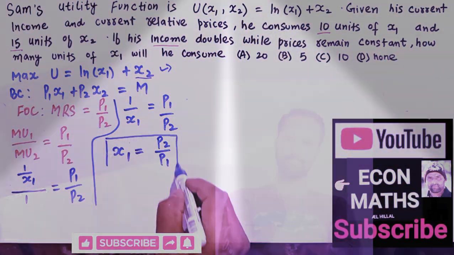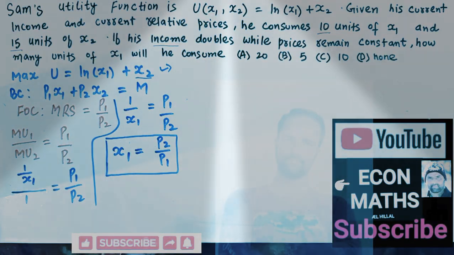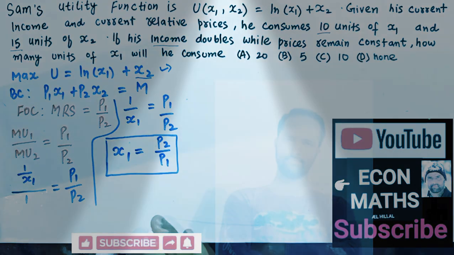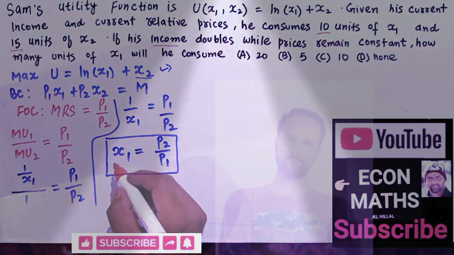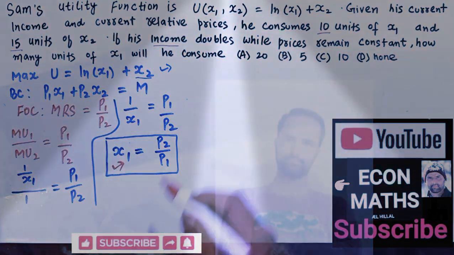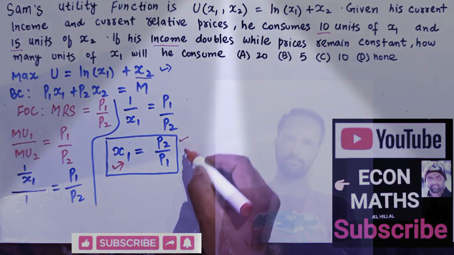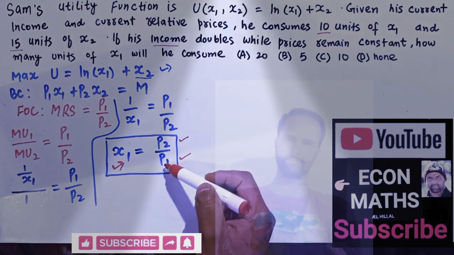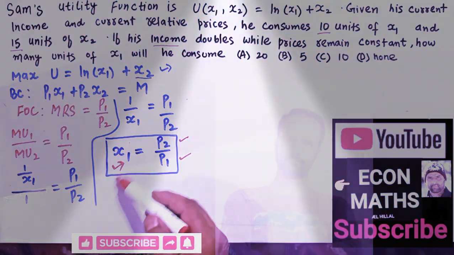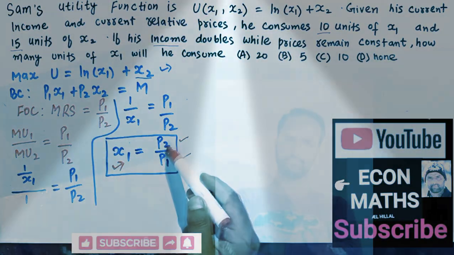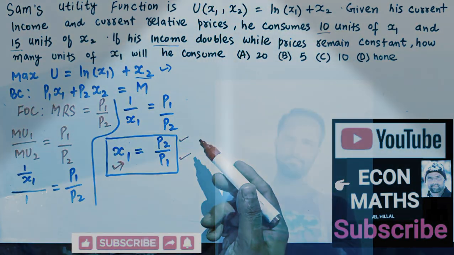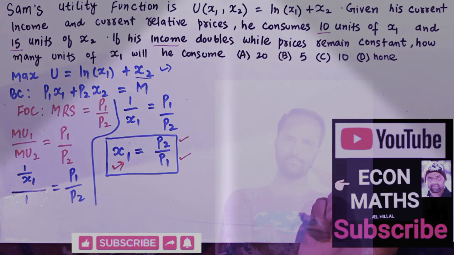This is the demand function for good x1. And the interesting thing here is that the demand for good x1 depends upon the ratio of the prices of good x1 and x2. So demand is a function of the prices of the goods and not the income of the consumer, obviously.